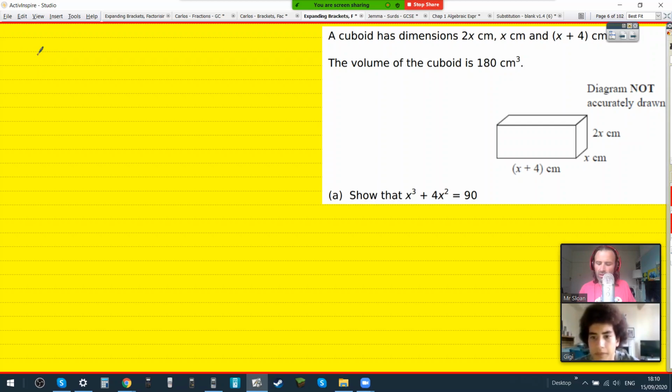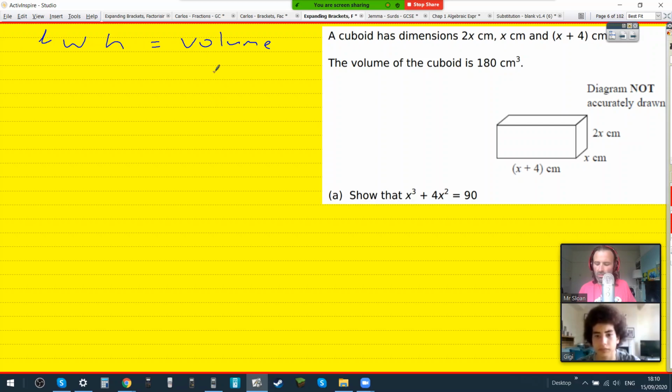All right. So volume is 180. What's the formula for the volume of a cuboid? Length times width times height. All right.